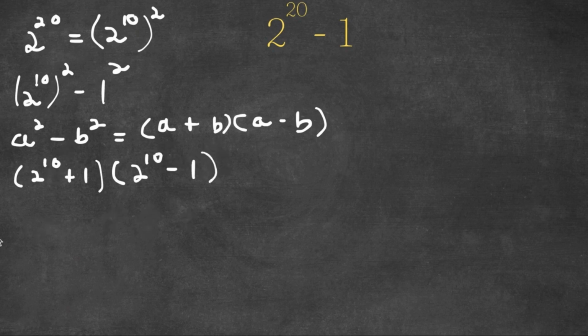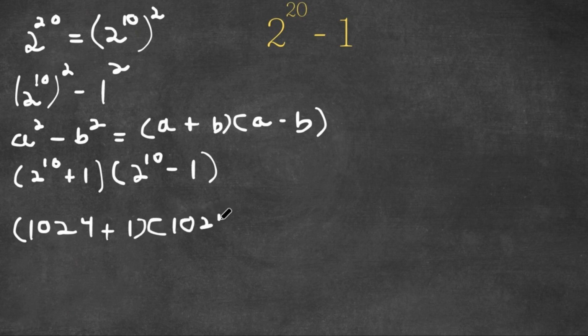Now 2 to the power of 10 is the same thing as 1024. So now we get 1024 plus 1 times 1024 minus 1.